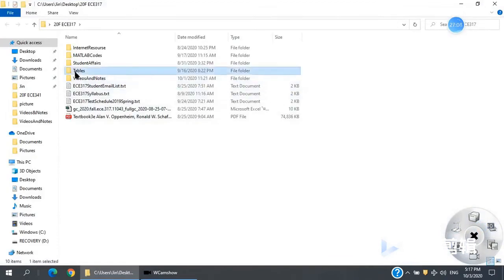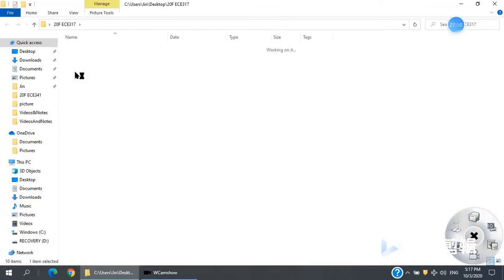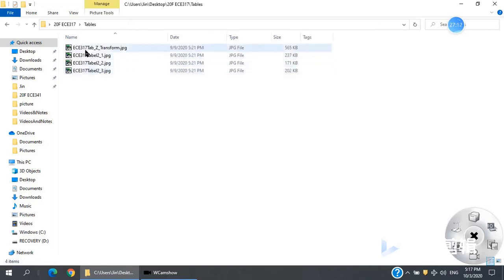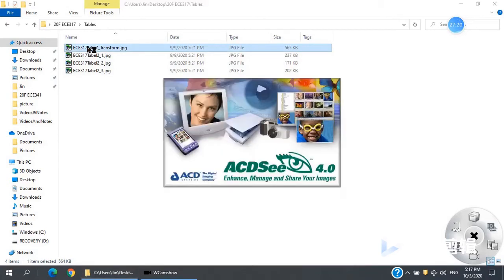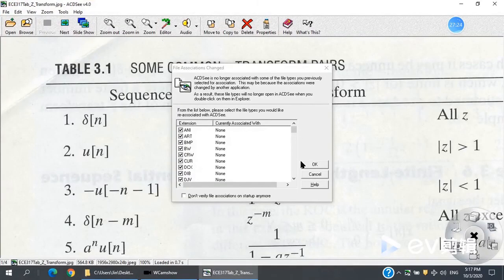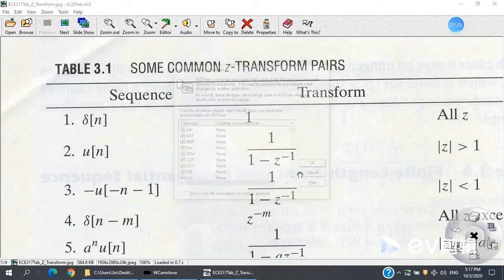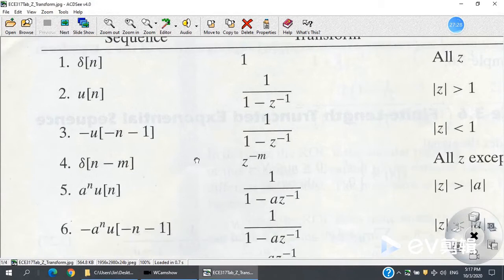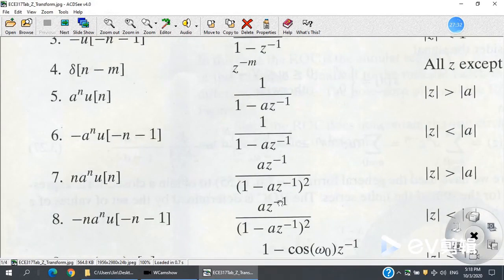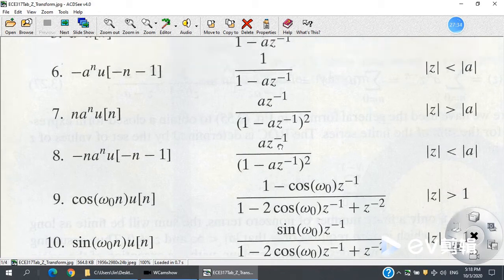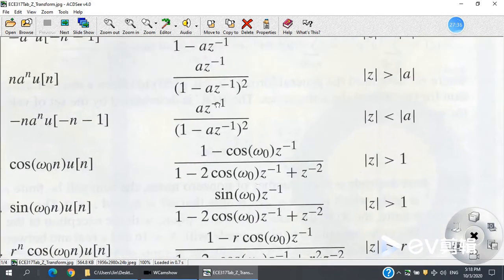I have the table. The transform is n plus 1 something. Square, this one. Do I have a square term?